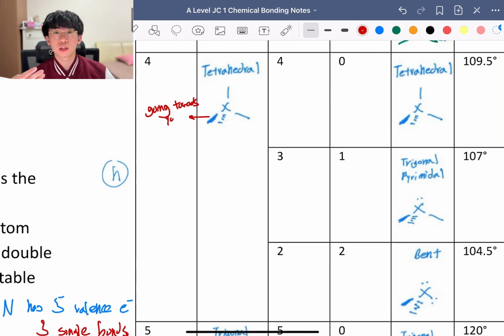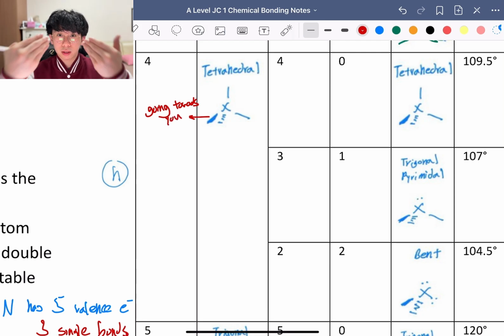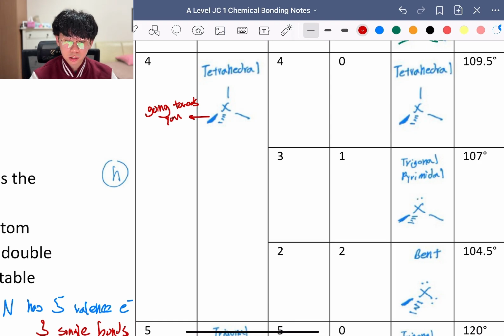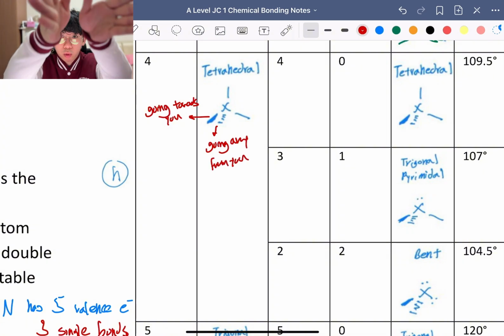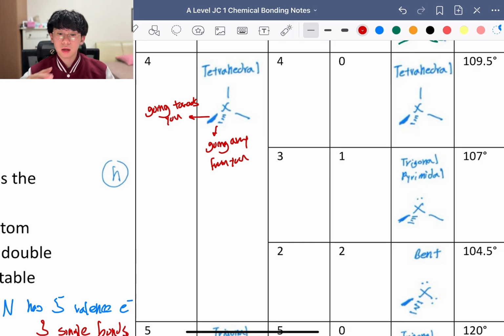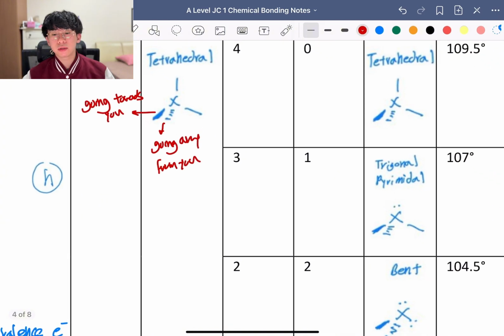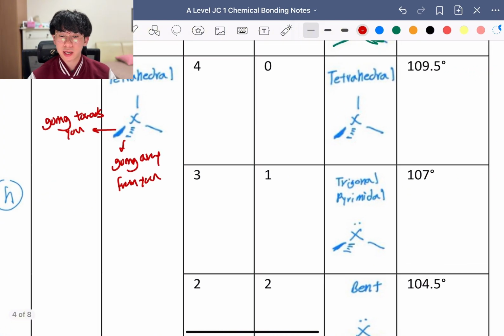Imagine it's going towards you out of the paper, so it would be going towards me if I'm looking at the exam paper, and if it is a hash symbol, it means it's going away from you. In this case, if I'm looking at the exam paper, it's going away from me. And because of this 3D arrangement, all the bond angles are the same. You get 109.5 degrees.